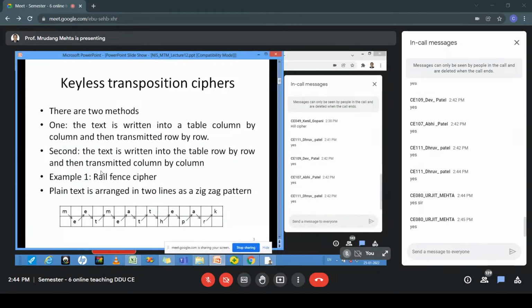So you can see this is our ciphertext. We write row by row and we transmit column by column. Is it clear to all of you?